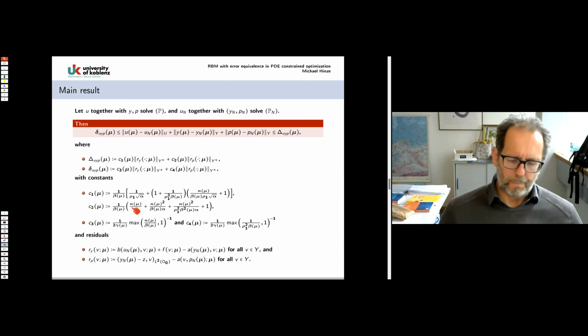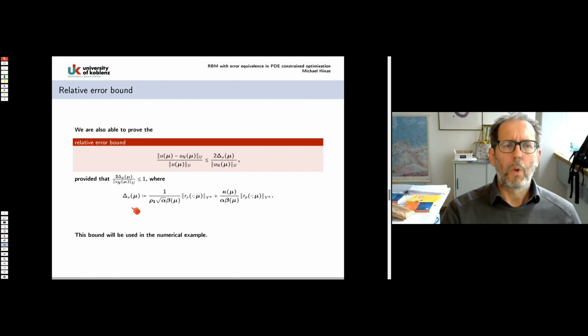Yeah. Then we have also proven a different error bound, a relative error bound, which is then used to compare our results to the results from the literature. Yeah. So this bound is also used.